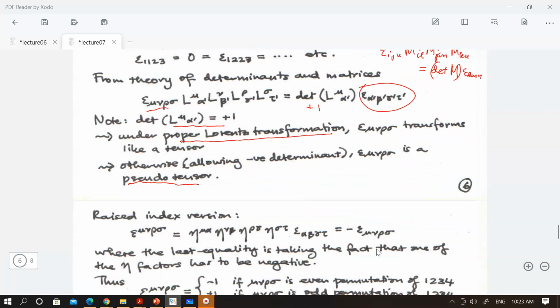Another possibility is to have a different epsilon tensor, a different alternating tensor, just like epsilon ijk in the Euclidean geometry, where you have epsilon ijk also at the top.